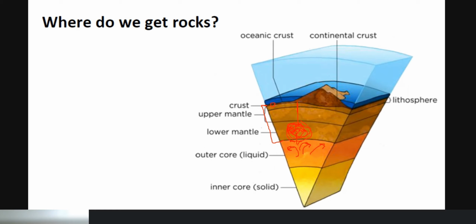If suppose our lithospheric plates are moving like this, the plume will remain here only. As the plate moves, we will get an eruption here, and after some time this point will get here.